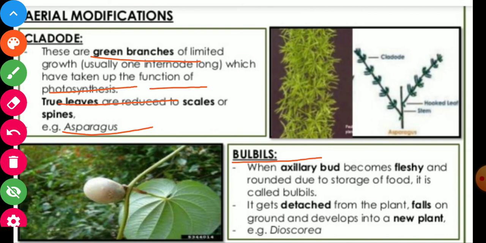Bulbils: when an axillary bud becomes fleshy and rounded due to the storage of food, it is called a bulbil. It gets detached from the plant and falls on the ground and develops into a new plant, like Dioscorea.